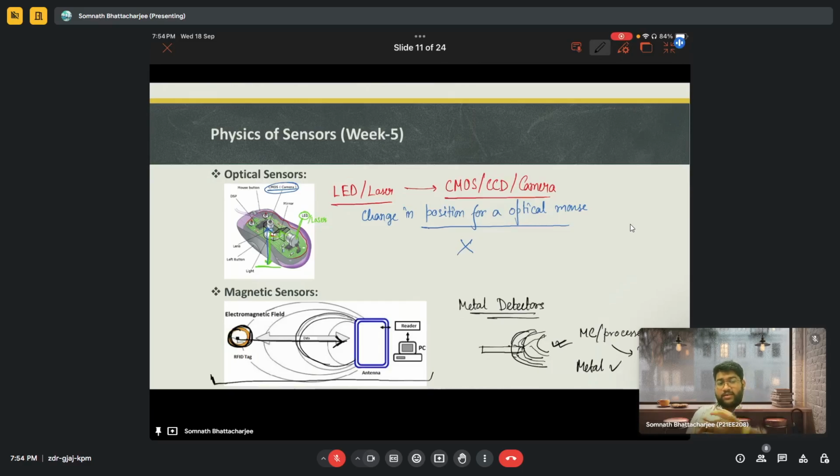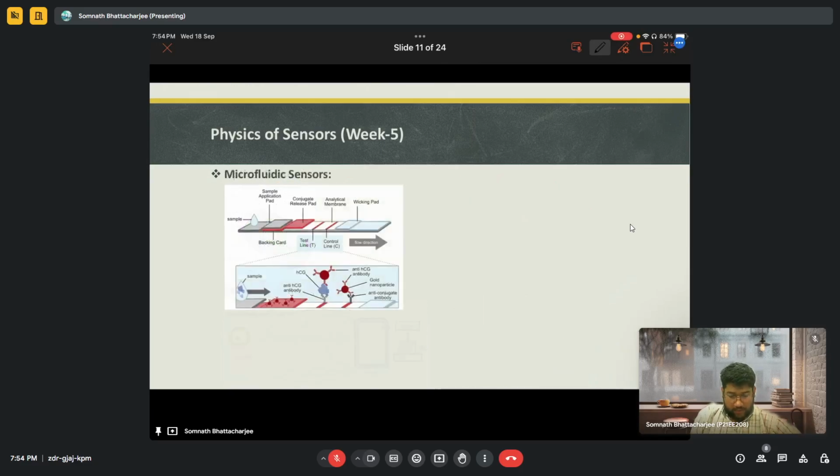So the RFID tag is getting energy from the antenna, whereas the antenna is getting information from the RFID tag, and through the reader we can directly read this data. So this is the basic principle of a magnetic sensor. Metal detectors are one of them, and RFID tag reading is another.